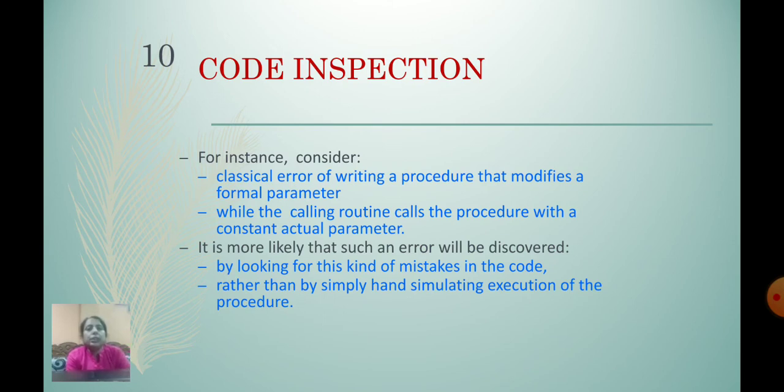For instance, consider a classical error: writing a procedure that modifies a formal parameter, while the calling routine calls the procedure with a constant actual parameter. It is more likely that such an error will be discovered by looking for this kind of mistake in the code.